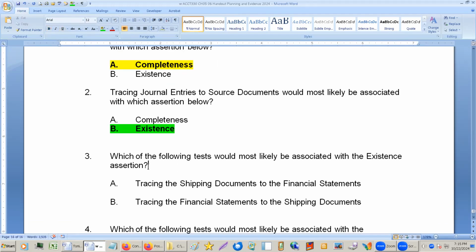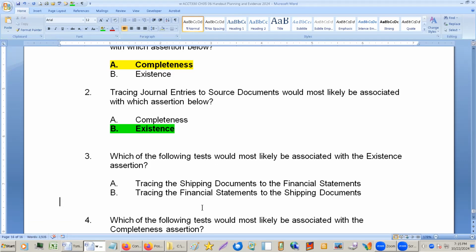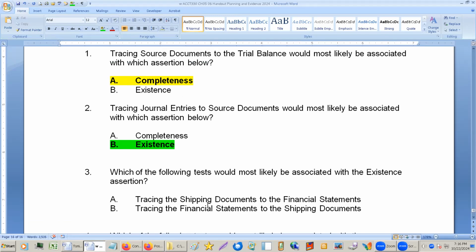Which of the following would most likely be associated with the existence assertion? Tracing the shipping documents to the financial statements.